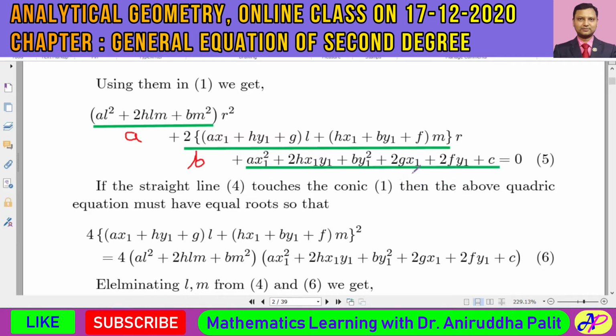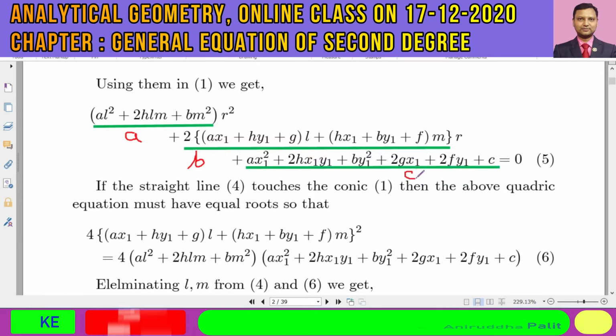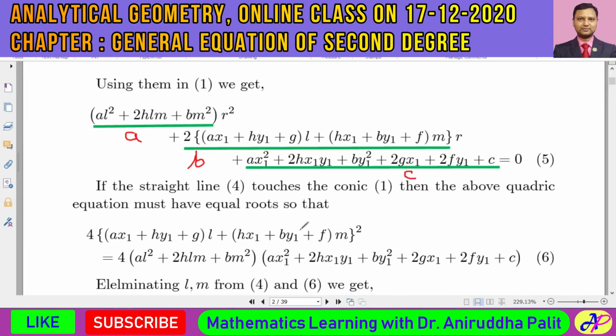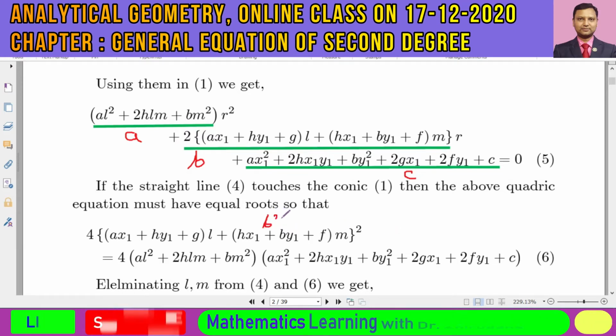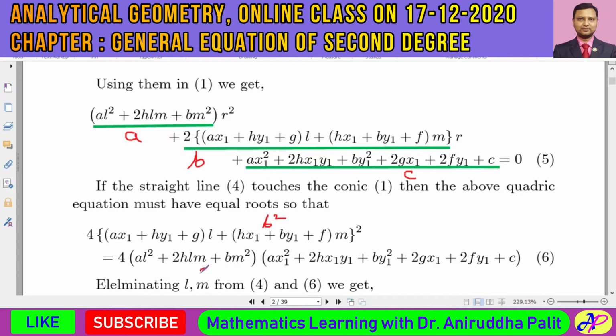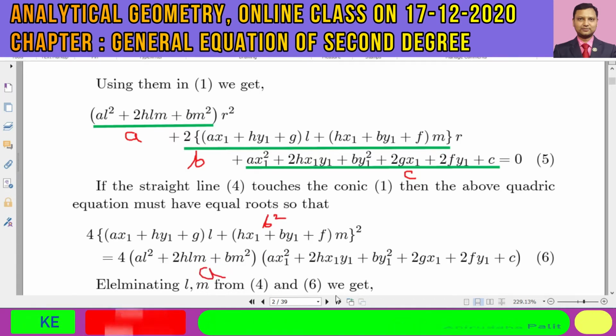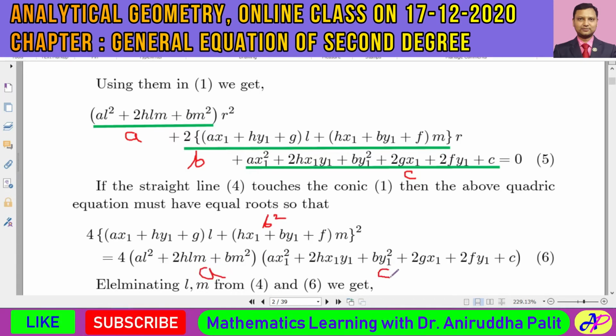So this is the idea that B square is equal to 4ac. This left hand side is actually our B square, equal to 4a multiplied by c.